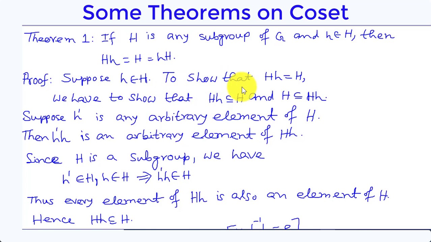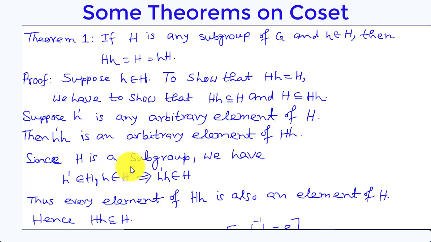To show that right coset Hh is equal to H, we have to show that Hh is contained in H and H is contained in Hh. Suppose h' is any arbitrary element of H. Then h'h is an arbitrary element of Hh.